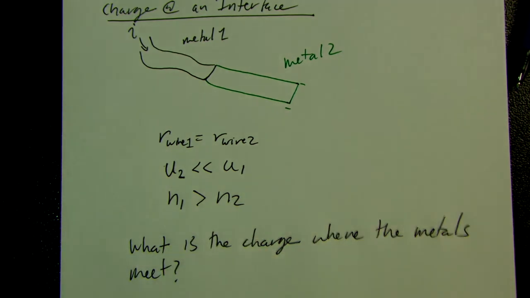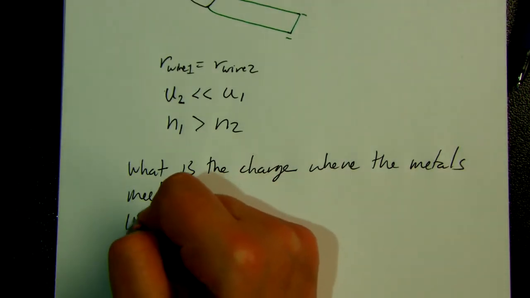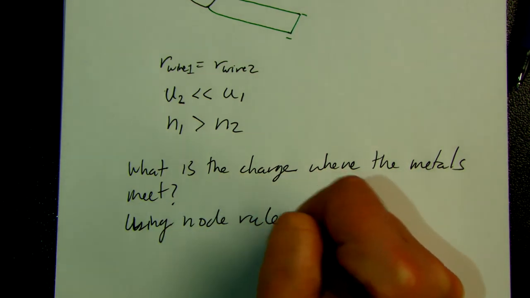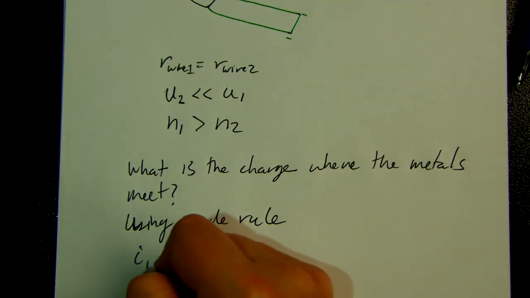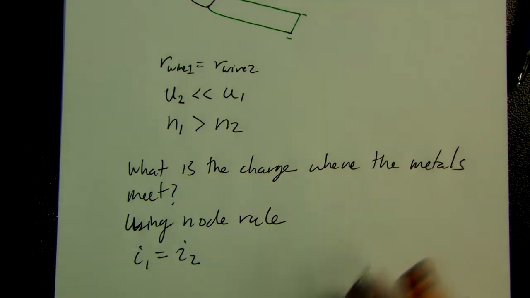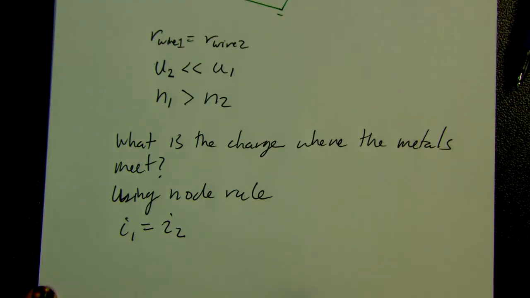To go after this, we're going to use the node rule. So I1 is equal to I2. We've been given electron current, so we're going to stay in terms of electron current.